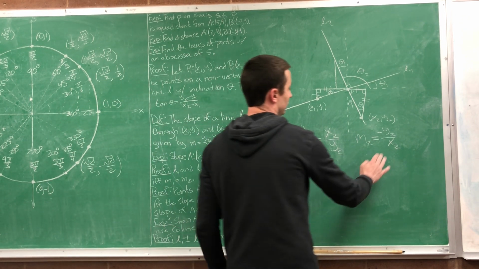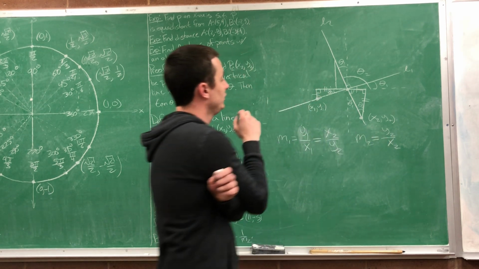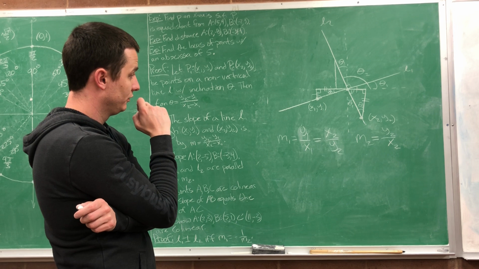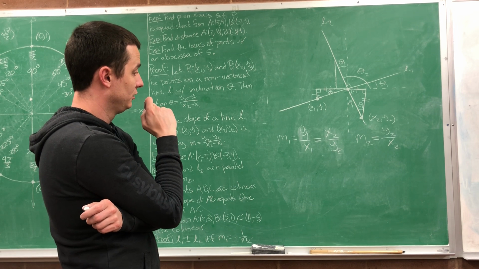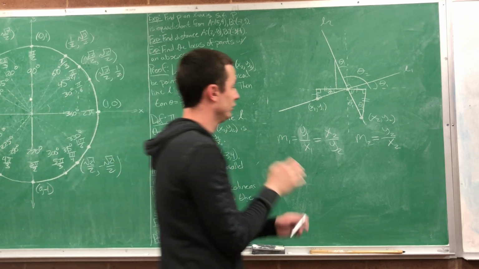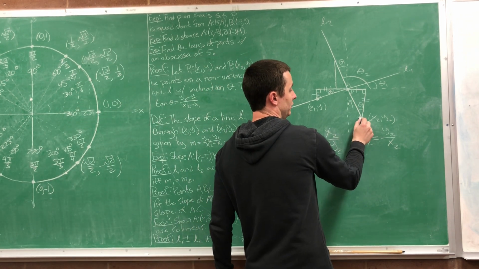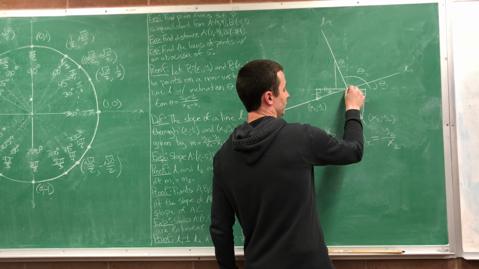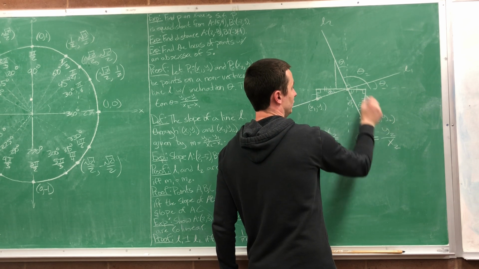Now, m2 is just y2 over x2. Right? No. Has to be. Because here's our point, x2, y2, and we can calculate its slope as y2 minus 0 over x2 minus 0.